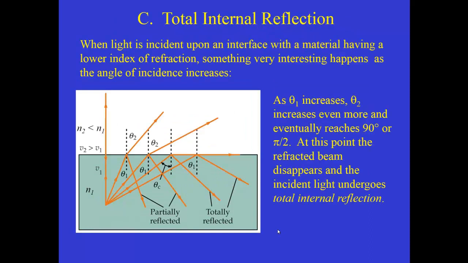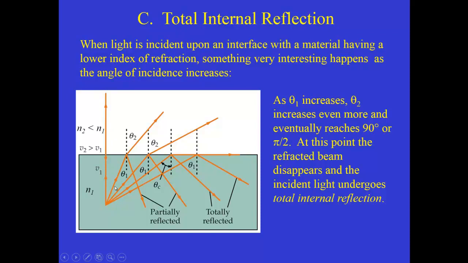Now, a consequence of Snell's law is that something very interesting happens when light starts off. Let's say that there's a source down here at the bottom left of this diagram that sends light towards the interface, and here we have a situation where n1, the medium in which the light starts off, is greater than n2.